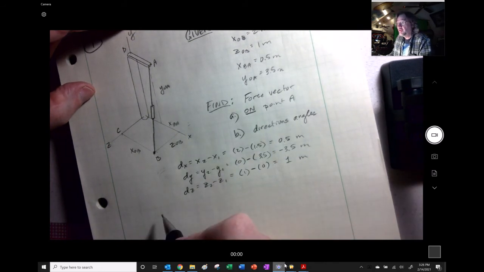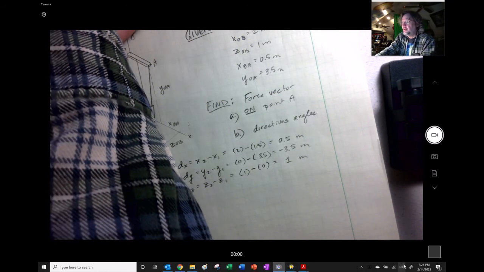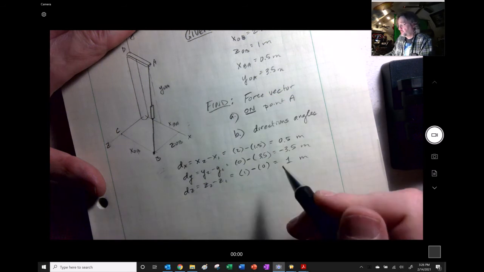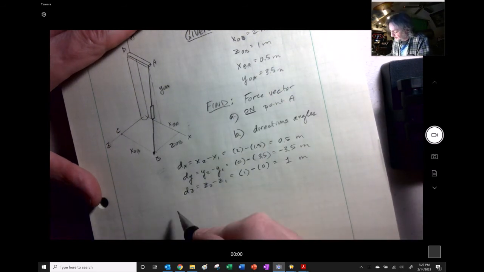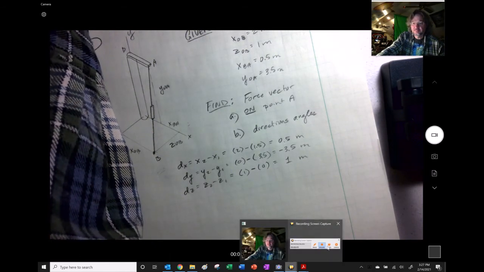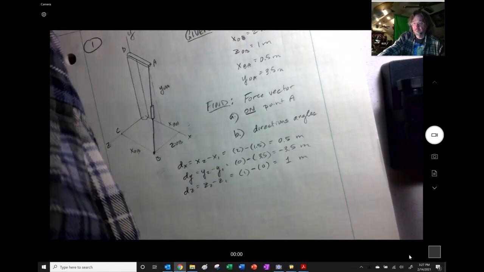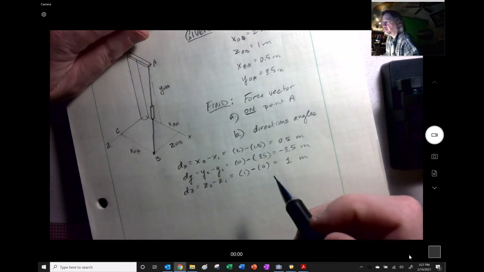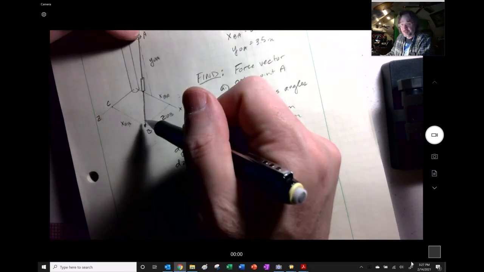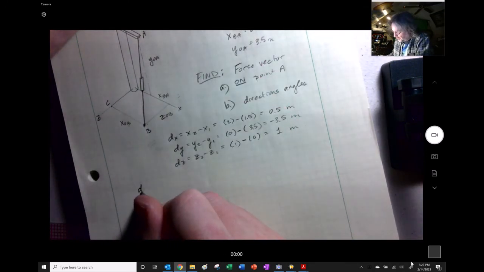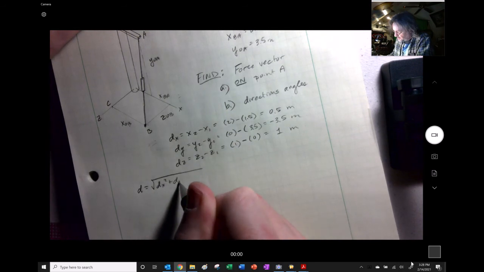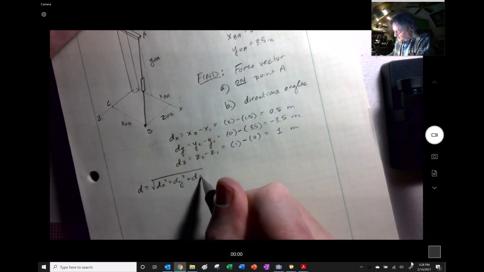Okay, in the method that we would use in class for this, I want to take a pause here again and double check. Okay, yeah, I'm following the right directions. So what I want to do is find the overall distance between these two points, and that's just d, the square root of dx squared plus dy squared plus dz squared.